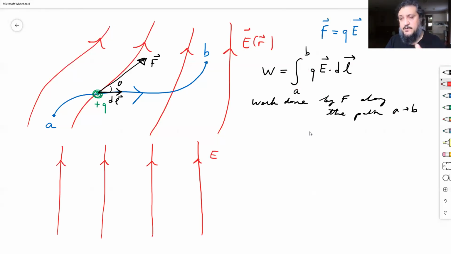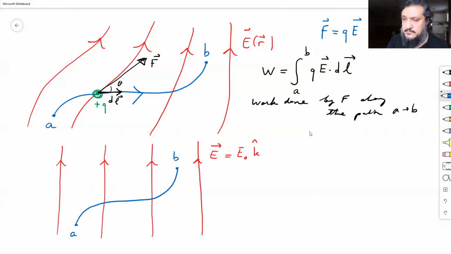Okay, and these are in the vertical direction. So E can be written as some constant, E0, let's say, k hat. That's the z direction, right? Okay, that's pretty much the only restriction I'm going to have. I'm going to pick an arbitrary path again. So I'm going to go from A to B like this.